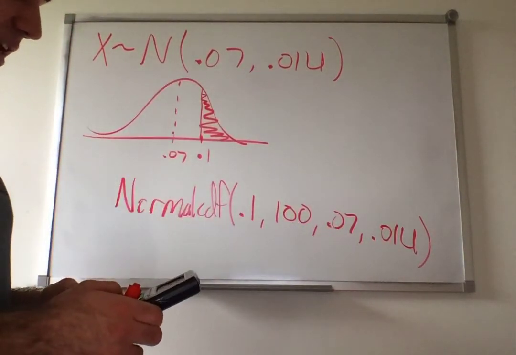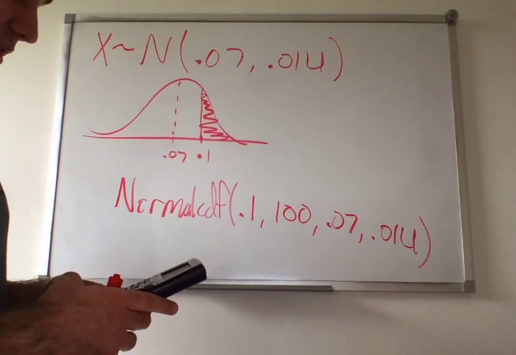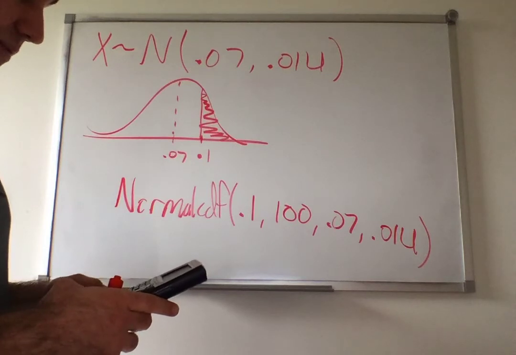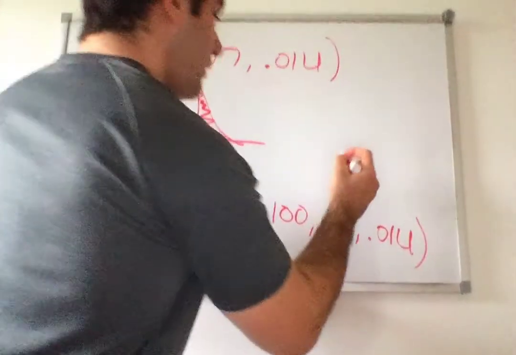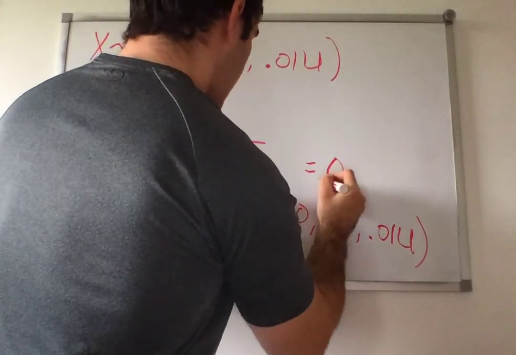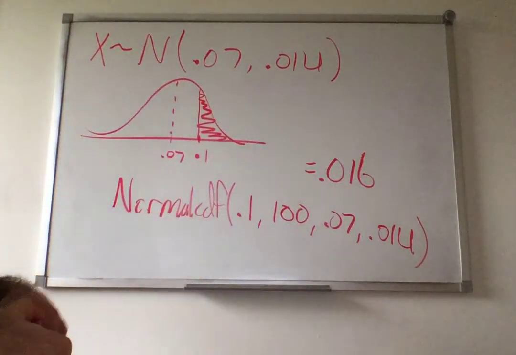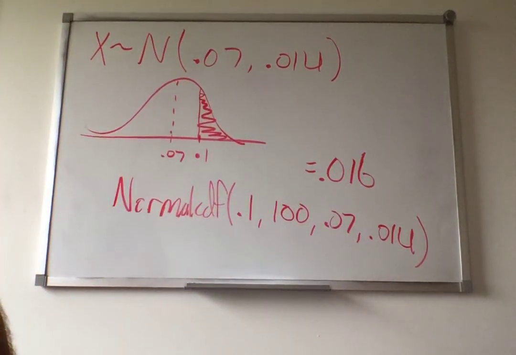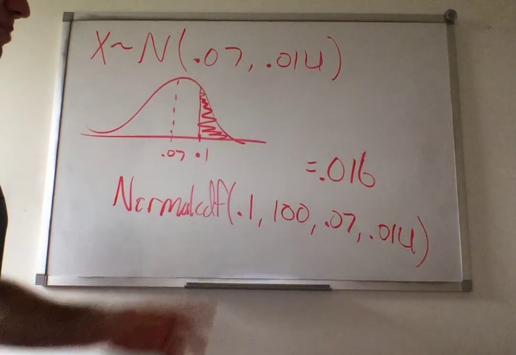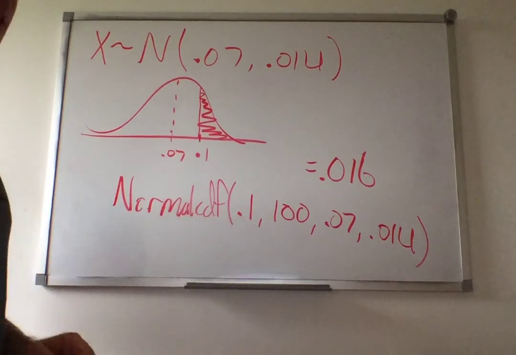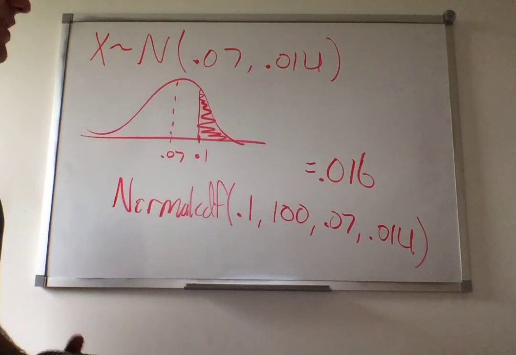So now normal CDF, 0.1 to 100, 0.07, 0.014, and I hit paste, you hit enter, and you get an answer of 0.016. So about 1.5% of students, or about a 1.5% chance that your sample proportion will be greater than 10%.